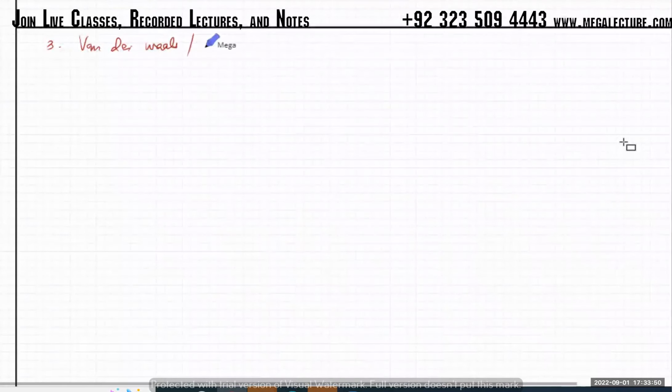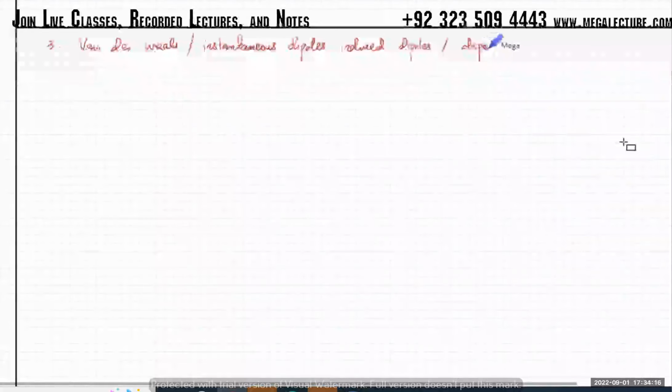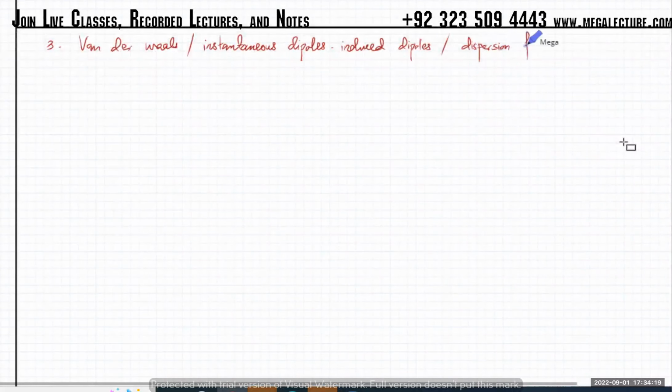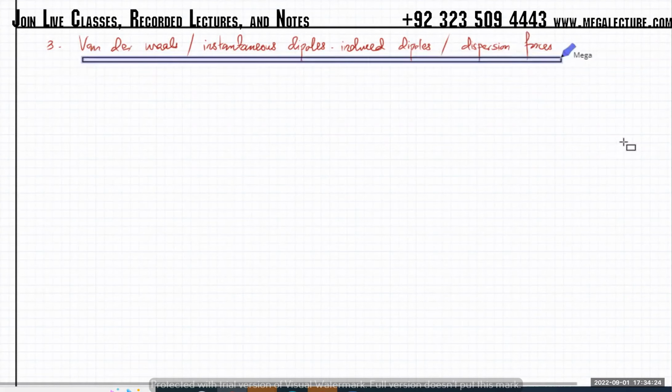It's instantaneous dipole, induced dipoles. और या फिर इसको वो कहते हैं dispersion forces. तो ये सारे नाम थे इसके। अच्छा, van der Waals, instantaneous dipole, induced dipoles, or dispersion forces.